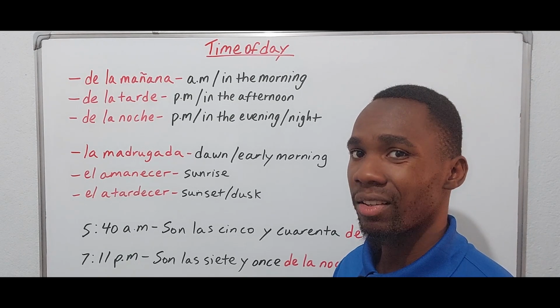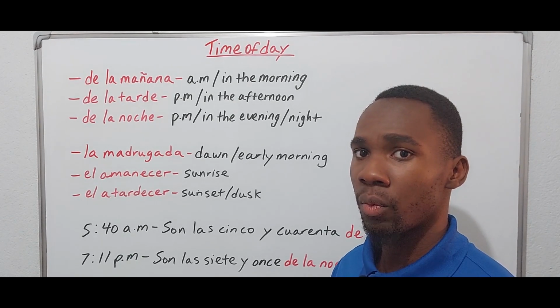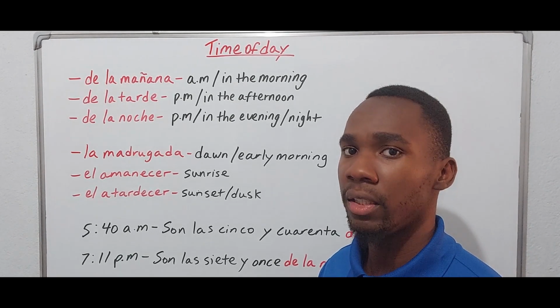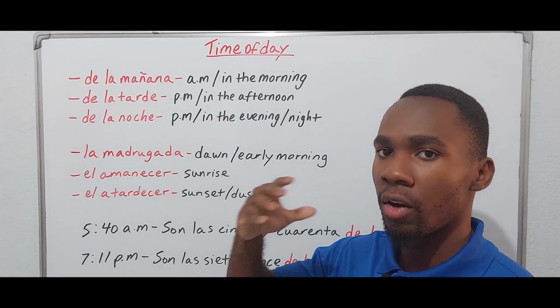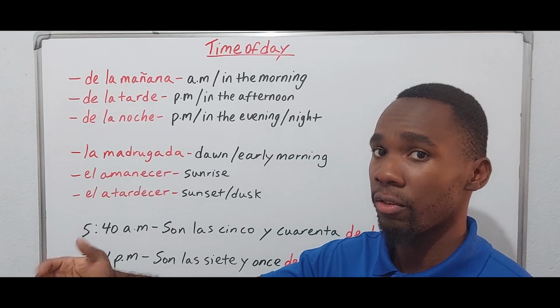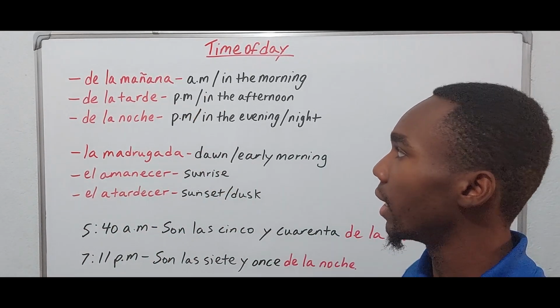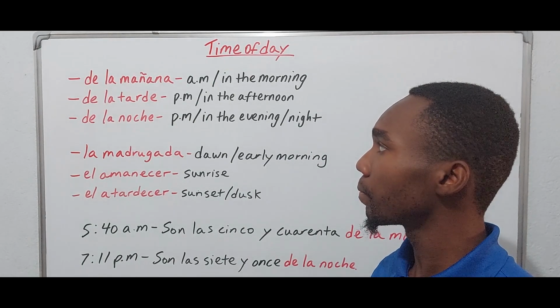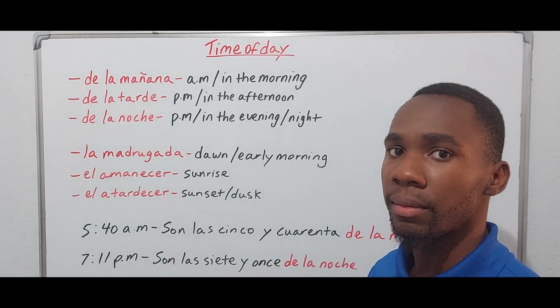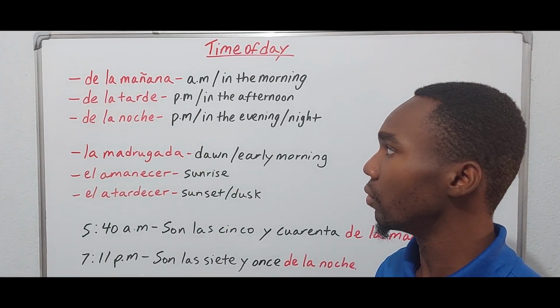So there are some expressions here that will help to clarify the time of day, right? And this will obviously go after the time is mentioned, right? So de la mañana, AM or in the morning. De la tarde, in the afternoon.